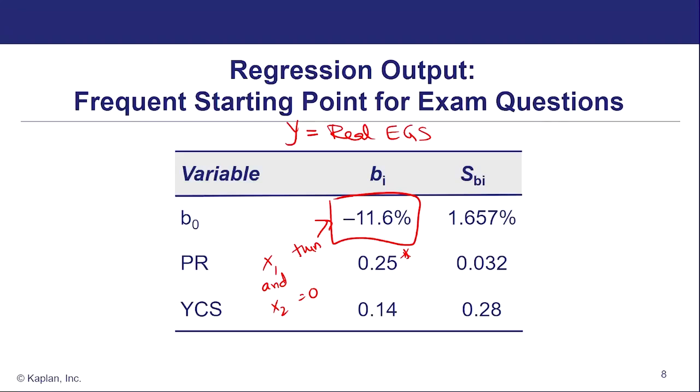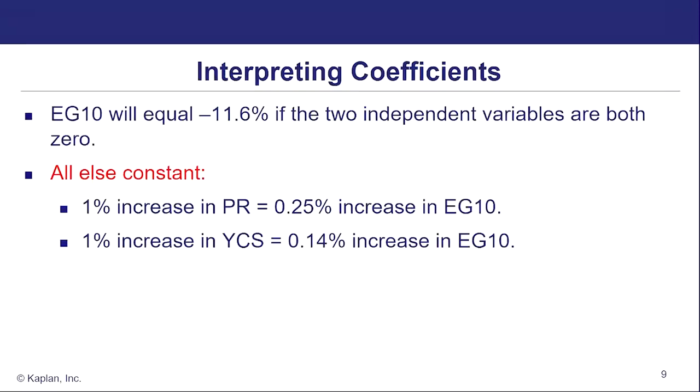Now, what about the next one, 0.25? That's the slope coefficient of PR. Well, the interpretation is that if my payout ratio, PR, increases by 1%, everything else constant, and that is the key point to keep in mind, then my real earnings growth rate would increase by 0.25 of 1%, or 1/4%.